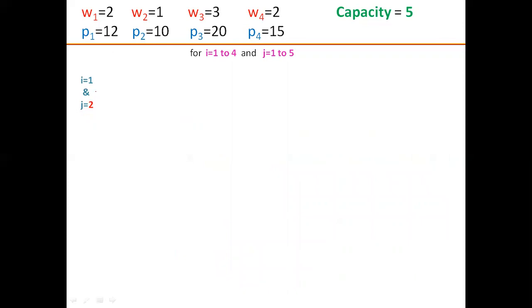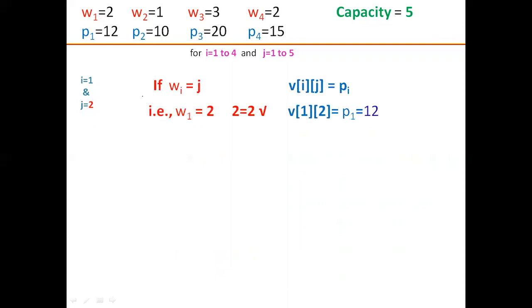For object 1, now we are trying to fill capacity 2. What is W1? W1 is 2, capacity also 2. So weight is the same as capacity. We can easily add the object into the bag. If I add the object into the bag, I can earn some profit. How much profit will I earn? If I add W1, I will earn profit P1. What is profit P1?